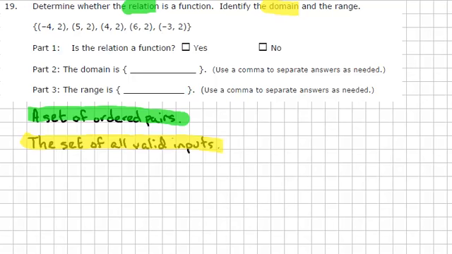So in this case, what are the inputs? Well, our inputs include -4, 5, 4, 6, and -3.